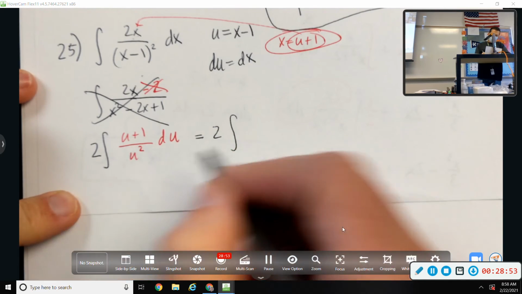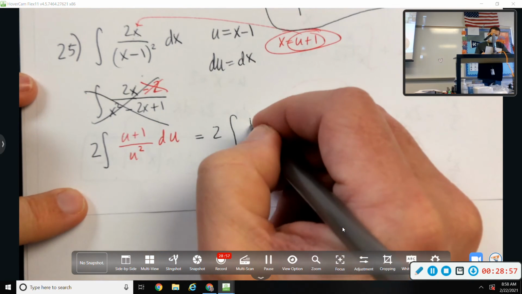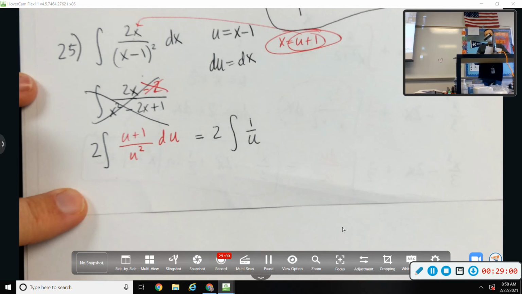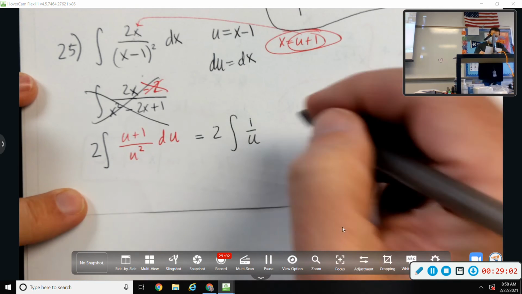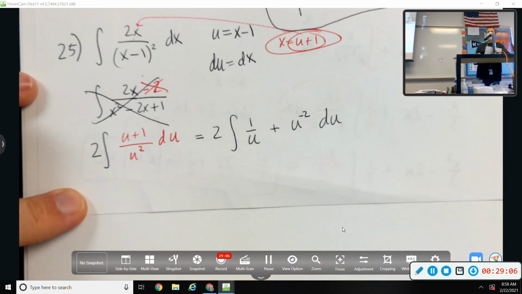I'm going to divide these up into, let's see, u over u squared would be 1 over u. That's going to be natural log. The other one I'm going to write as u to the negative 2 because that's a power rule.